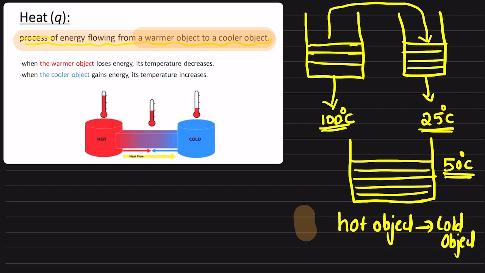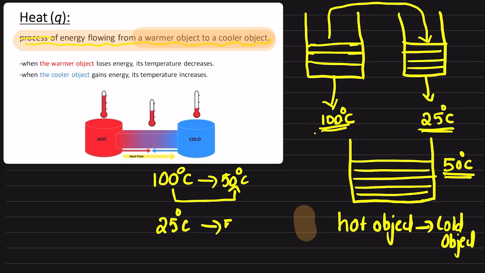Look, 100 degrees changes into 50 degrees Celsius. What about the cold object? 25 degrees Celsius changes into 50 degrees Celsius. For the cold object, the temperature increases. So this is heat.